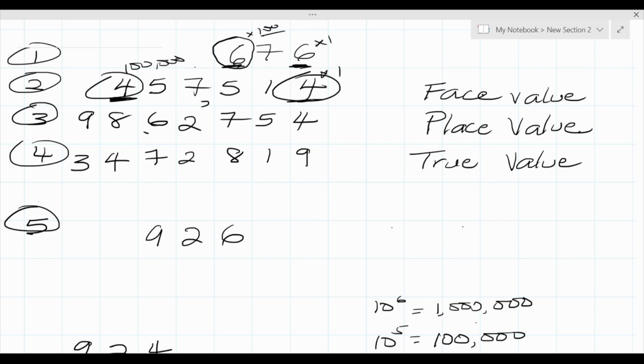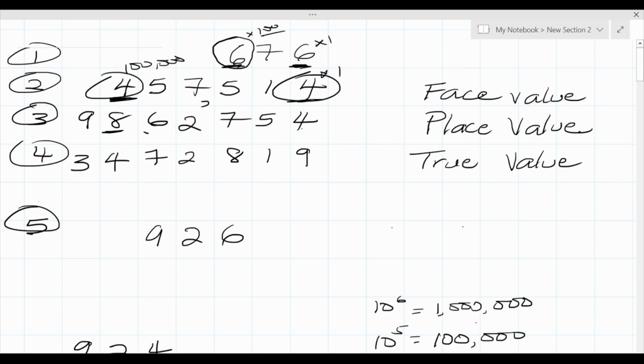Number 3, what is the digit in the 100,000 place in the number 9,862,754? What's the value of the 8? Okay, so let's identify where the 8 would be. So here we have the 8.